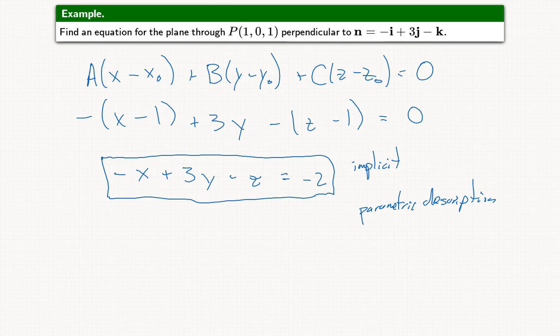Basically we'll just let x and y take on the values of variables, and then we can solve for z as z will be negative s plus 3t plus 2. So the first form makes it easy to check if a point is on the plane. The second form makes it easy to produce examples of points which are on the plane. So here, s and t are any real numbers.